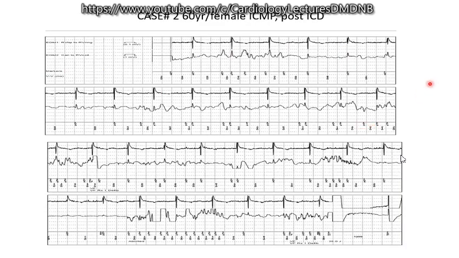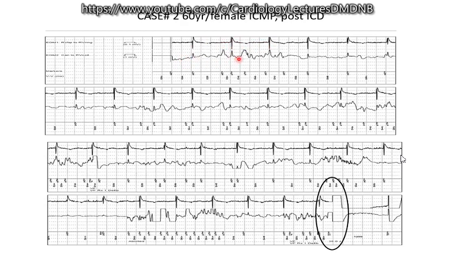Next, one more case example I'd like to show is a 60-year-old lady with ICMP. This lady was given a device, and immediately after the device, post-cath, she got a shock. And the patient was started on amiodarone for that shock because she got a shock from the device and the device fired. As I've already told you, the upper one is a near-field EGM, in which you see that this is a QRS, and the rate is almost 75-80.